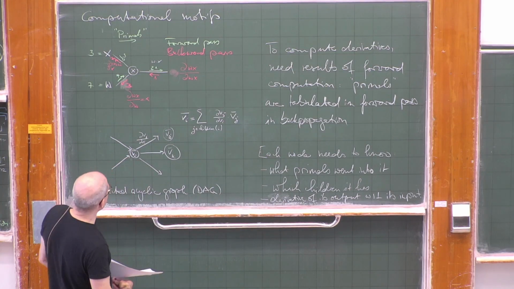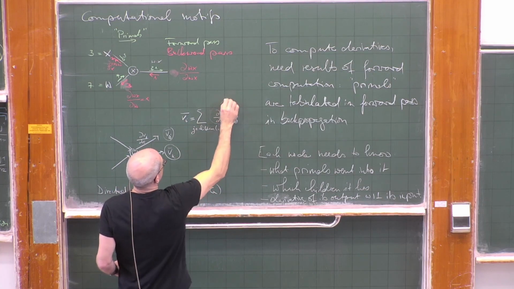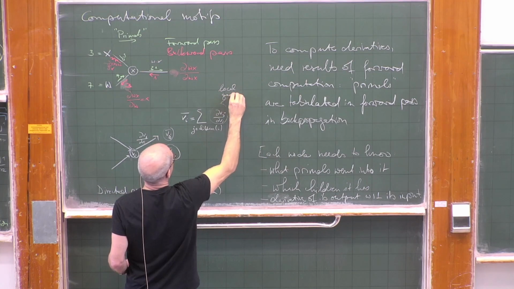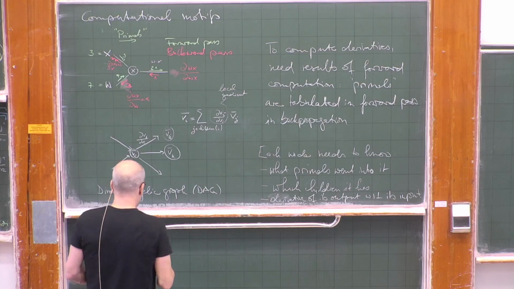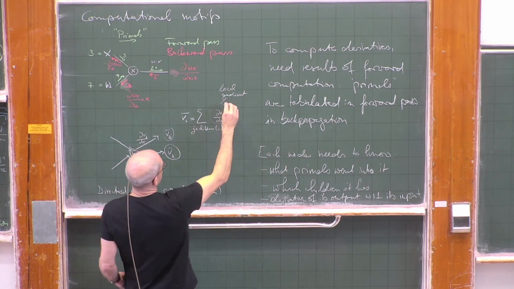All right, and this quantity here, that's a local gradient. And this local gradient typically requires primals.